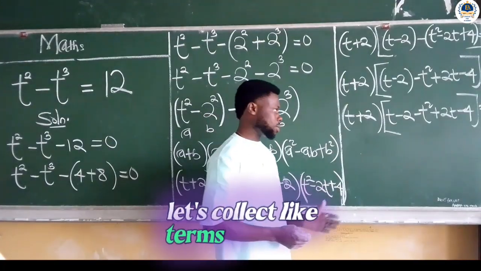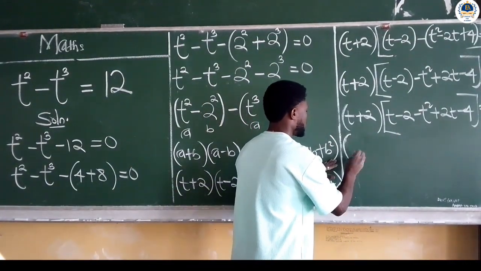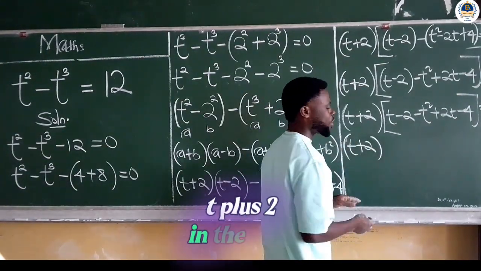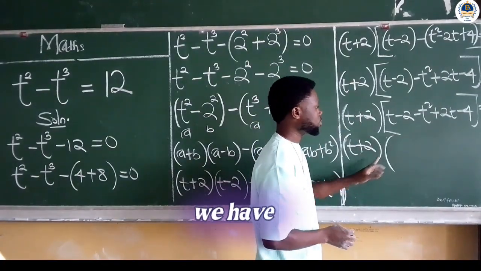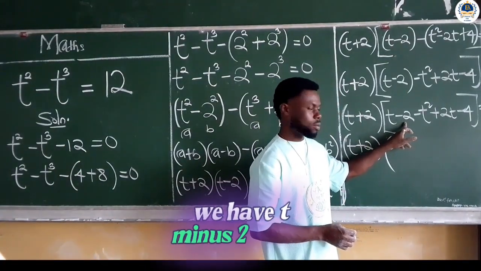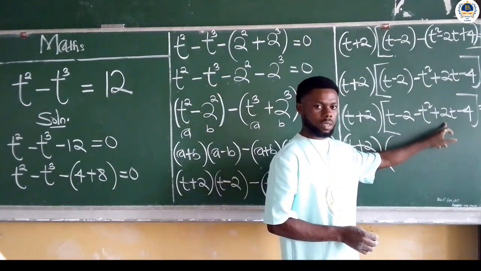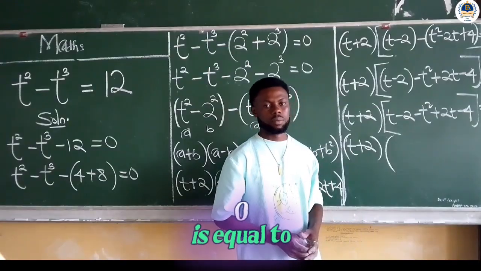Let's collect like terms from the second bracket. So we have t plus 2 in the first bracket, while in the second bracket we have t minus 2 minus t raised to the power of 2 plus 2t minus 4 is equal to 0.